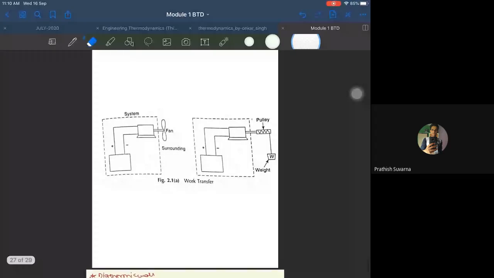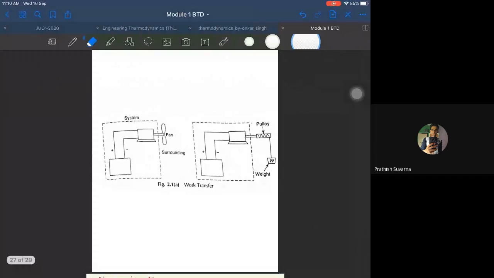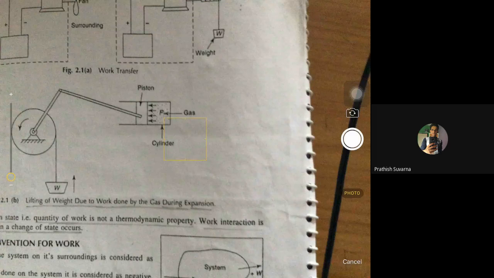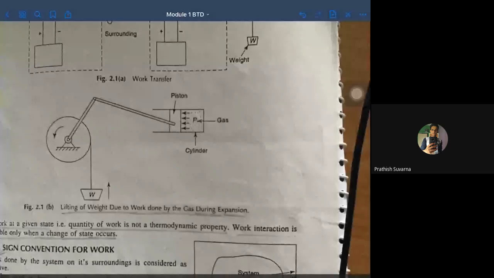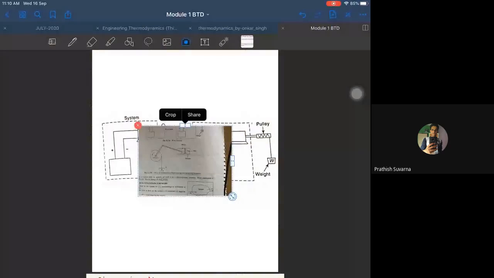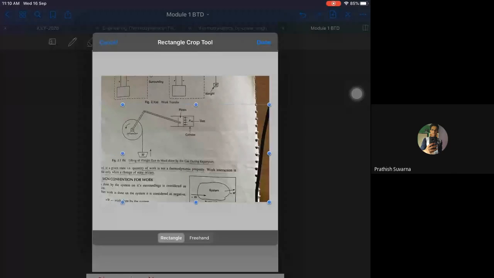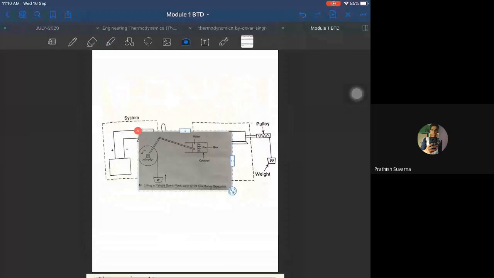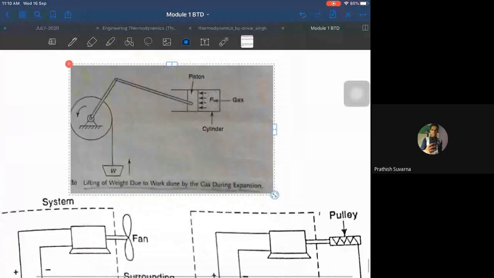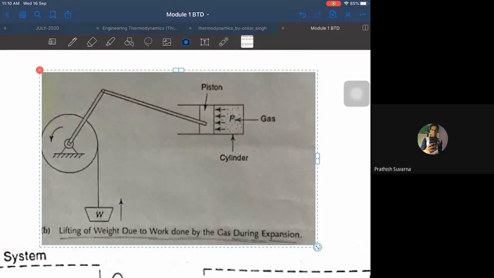So I'll just include that. Yes, you can take the diagram for this.